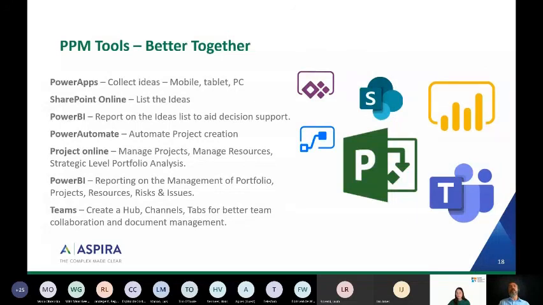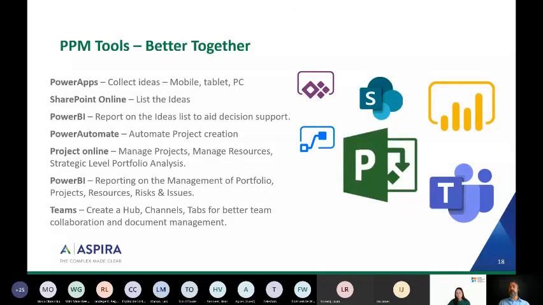We didn't go into that in too much detail today, but there is significant capability to enable that as well. And then we looked at Power BI just to demonstrate some of the reporting capability that's available out of the box and is easily configurable to meet unique business requirements and needs of your process.